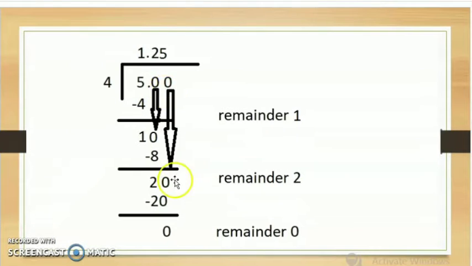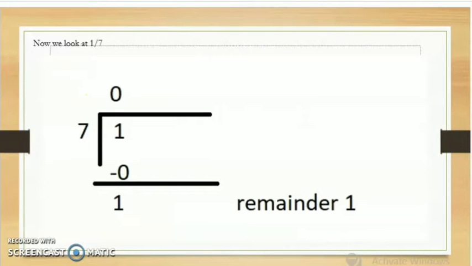We bring in one more 0, so 20, 5 times 4 is 20, and our remainder is 0. So 5 by 4 is 1.25.